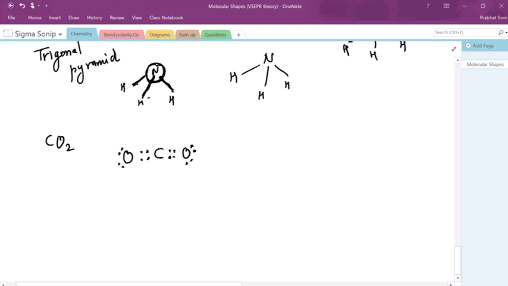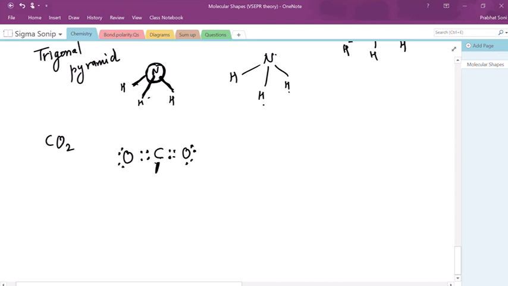Just need to remind you that when we look at electron pair repulsion, we are looking at the central atom. So we look at the electron pairs attached to the carbon, not to the oxygen here. Just as was the case with ammonia here. We did not look at the electron pairs attached to hydrogen. We looked at the electron pairs attached to nitrogen here.